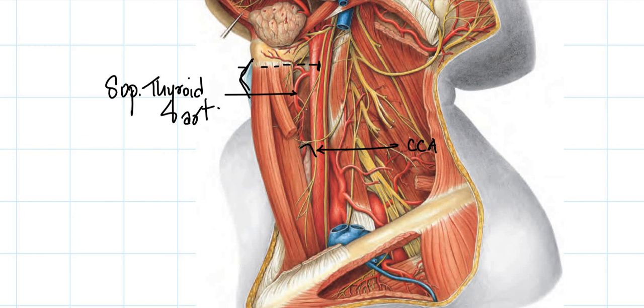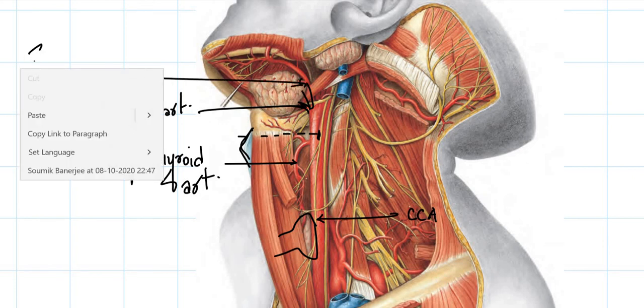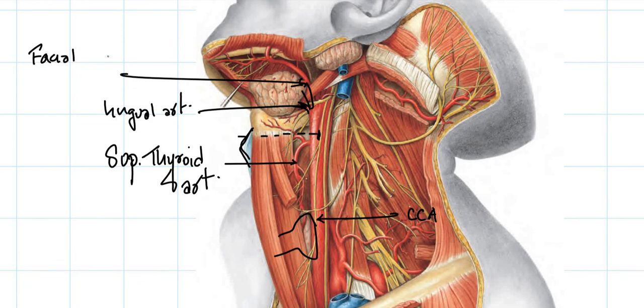Other than that, you can also see another anterior branch right here. This is the lingual artery, the second branch, and this is the third branch, which is an anterior branch, and that's the facial artery. So these are the different branches which you can see right here.